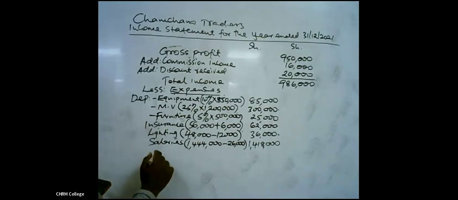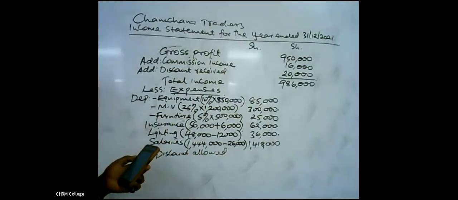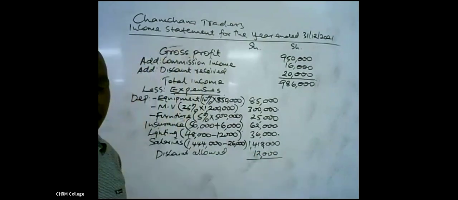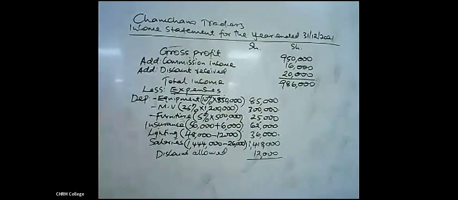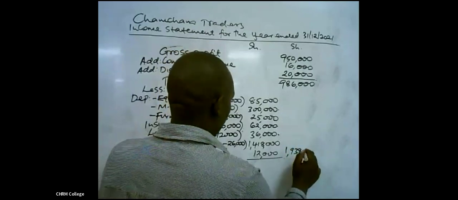There is discount allowed. Discount allowed is an expense, and its figure is 12,000. You add them, you get the total expenses, which is equal to 1,908,000.